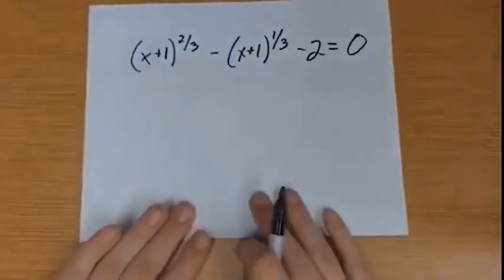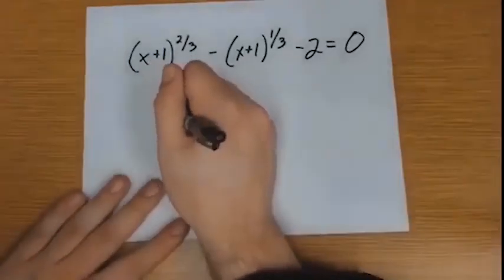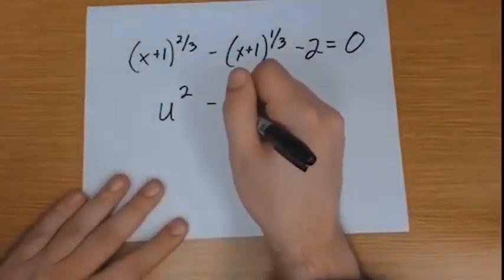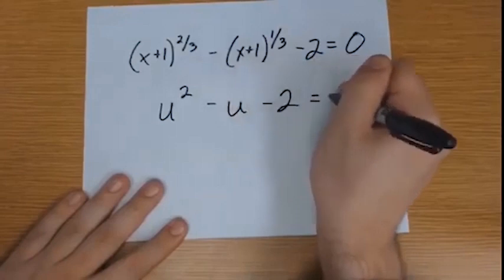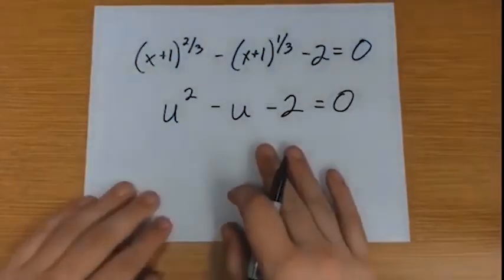So in example 8, we have x plus 1 to the 2/3 minus x plus 1 to the 1/3 minus 2. We would really like this if this was just u squared minus u minus 2 equals 0. So I'm going to tell you, write it this way.